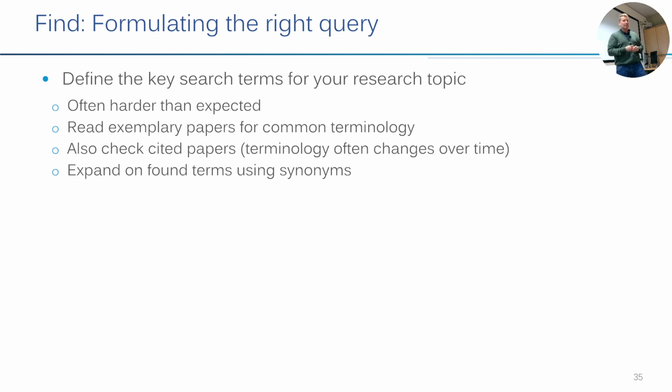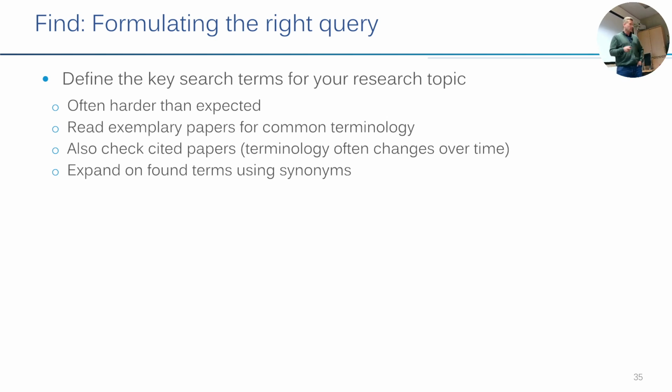You might still be interested in some seminal papers that are older, so in order to find them, it's a very good idea to get an idea of how the terminology may have developed over the years. For deep learning, some of the seminal papers are in the 60s, so quite a way back. Not saying you all have to cite papers from the 60s in your thesis, but it might be.